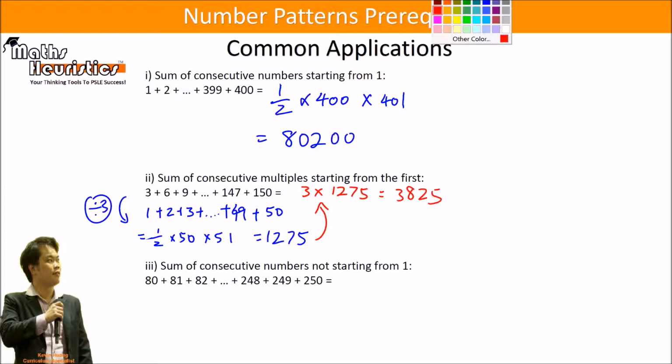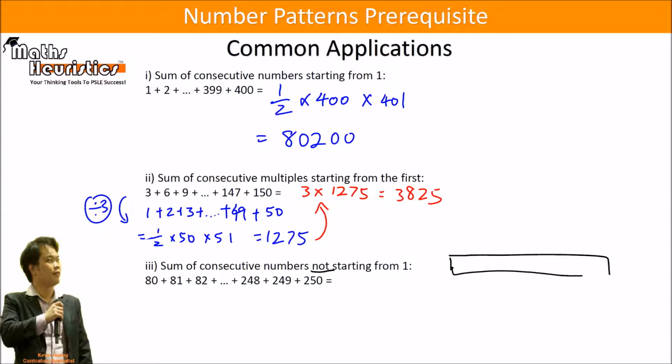Then what about the sum of consecutive numbers not starting from 1? So let me draw a part-whole model to visualize this. Remember that formula can only be applied for consecutive numbers starting from 1. So how do we manipulate this?